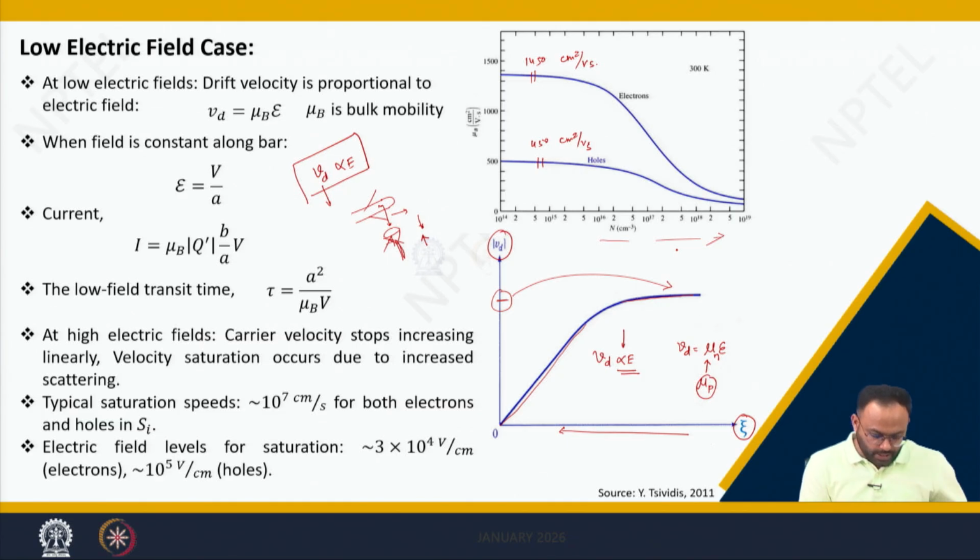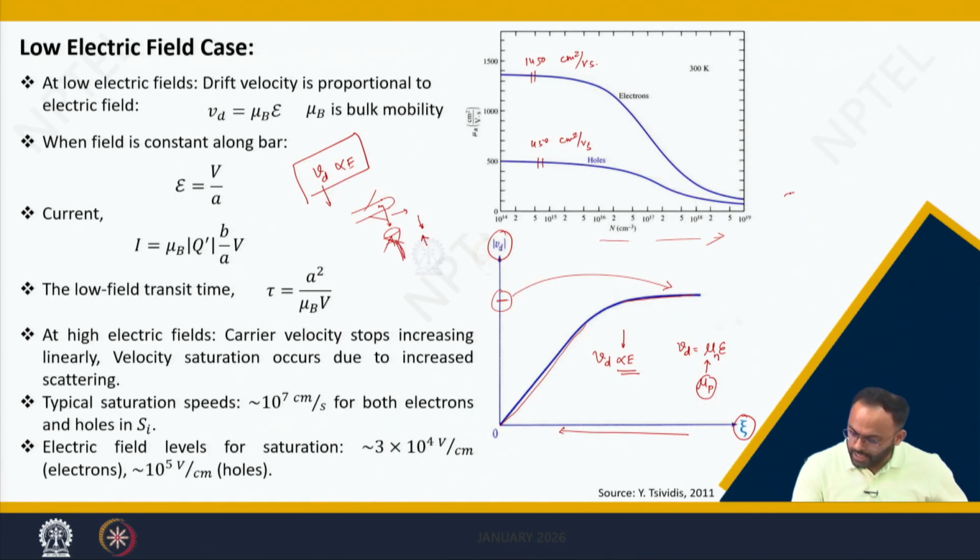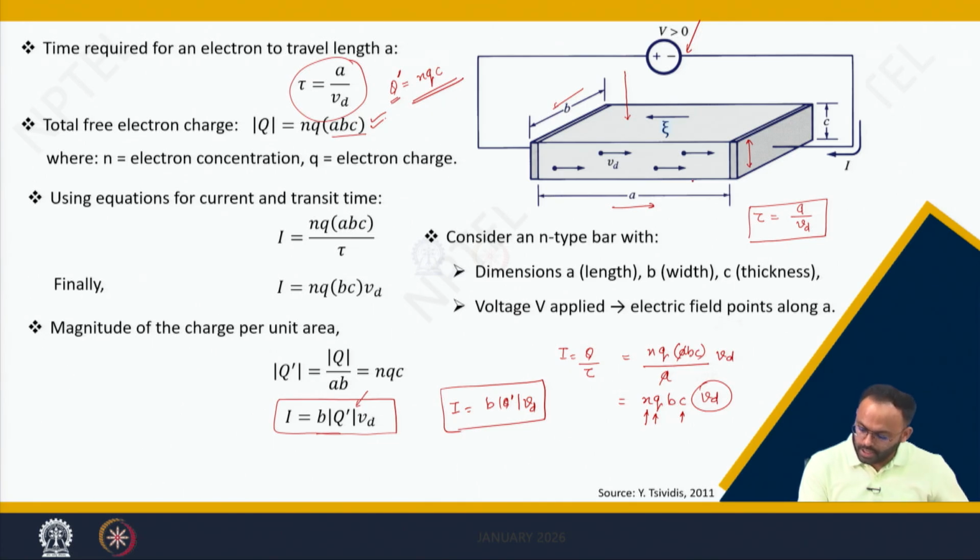Now we can rewrite these equations as follows: I equals B into Q dash into Vd, where Vd is nothing but mu into the electric field, and the electric field is nothing but the applied voltage V by A. You can check this: the applied voltage V by A is nothing but the electric field.